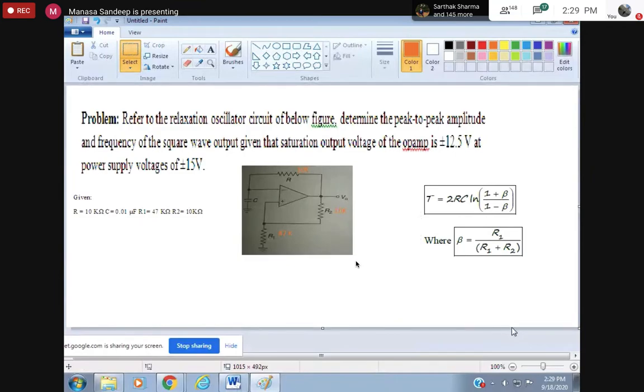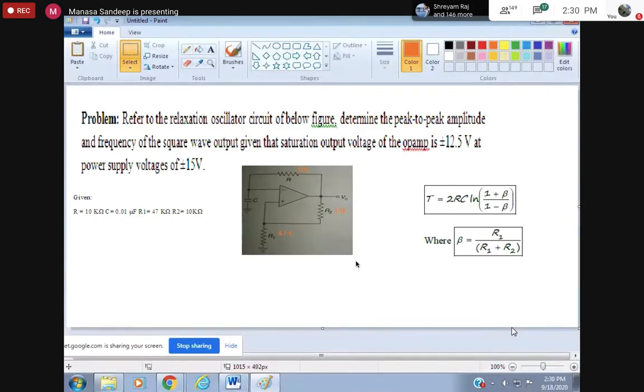Guys, first you need to calculate the beta value. How do you get the beta value? You substitute the values of R1 and R2, where you know both R1 and R2. R1 value is 47, R2 value is 10 kilo ohms. You substitute and calculate the beta value first.